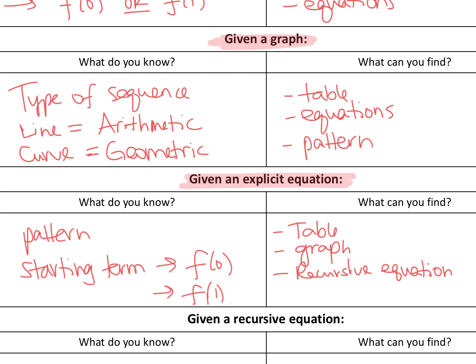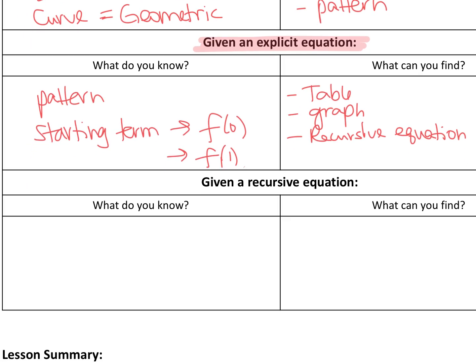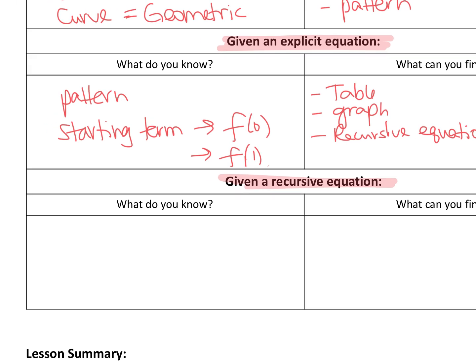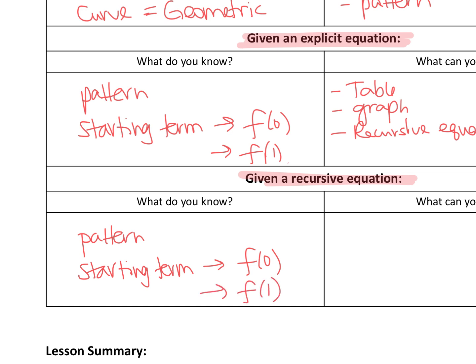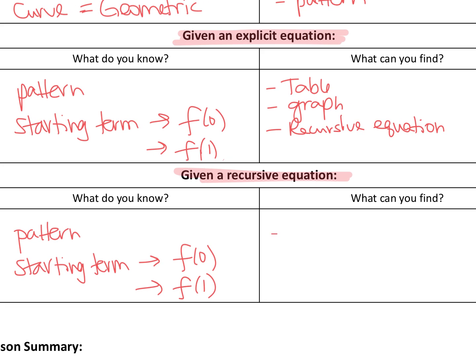All right, last one. Given a recursive equation, what can we find? Or sorry, what do we know? And then what can we find? So given recursive, we right away know the pattern, and we right away know the starting term, whether it's f of 0 or f of 1. What can you find? You can easily create a table.